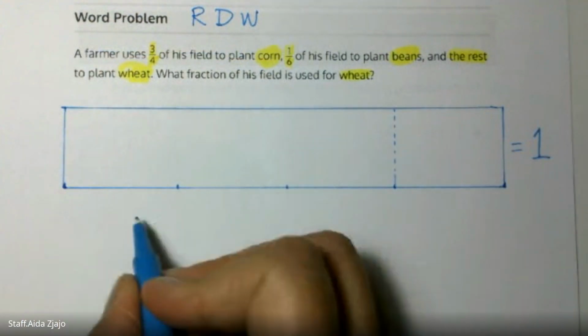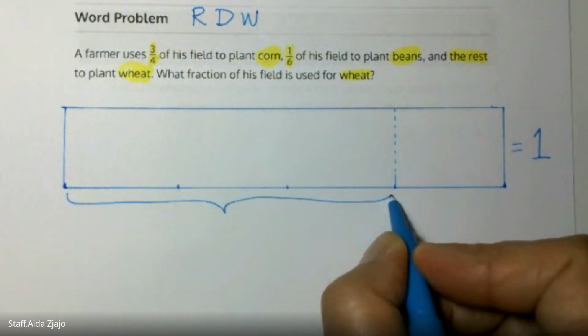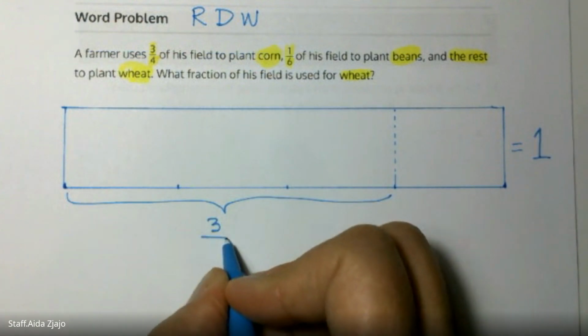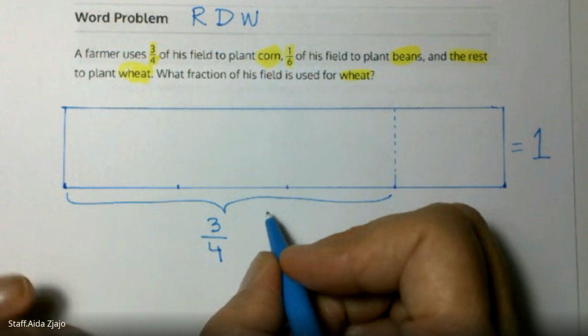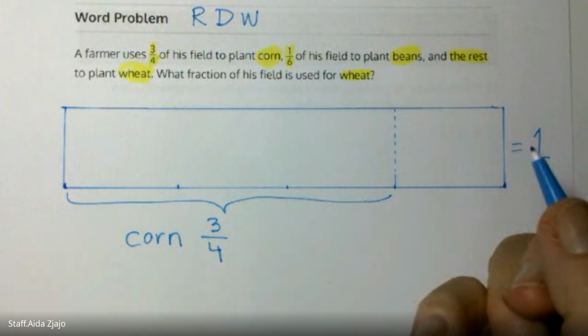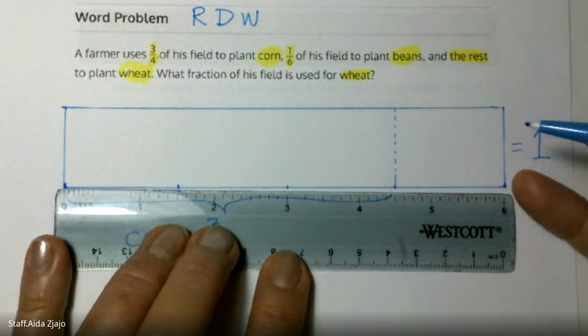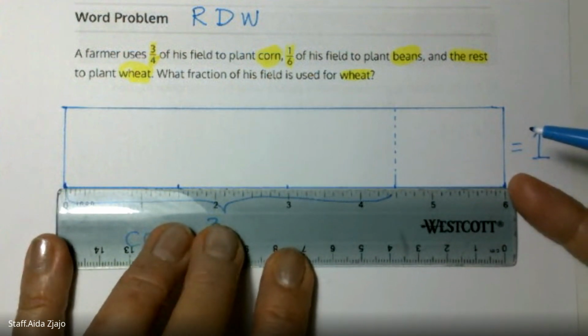So here, this 3/4 is corn. Now, the 1/6, I would like to know how big 1/6 would be.